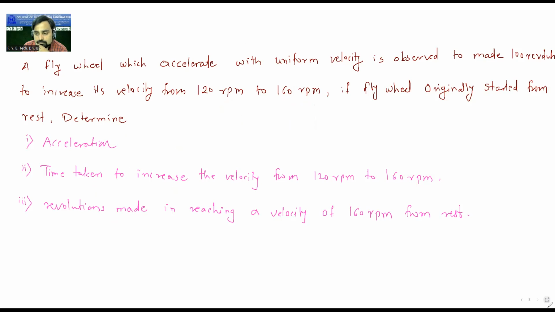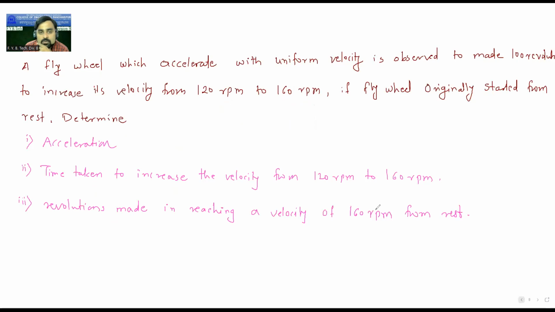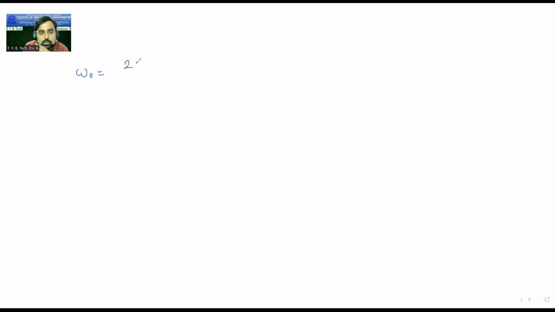So here, first of all, initial velocity omega 0. So for omega 0, 120 rpm is given. So it is 2 pi n divided by 60, which is equal to 2 pi into 120 divided by 60.